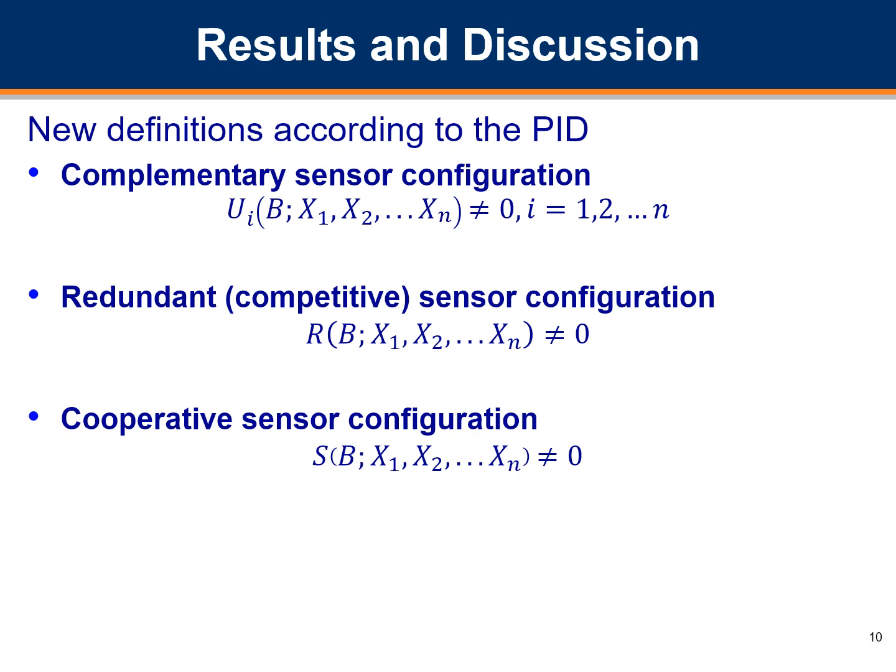Redundant sensor configuration: in this case, the amount of redundant information provided by the sensor data about the target variable is non-zero. Cooperative sensor configuration: a sensor configuration is cooperative if the amount of synergistic information which the sensor data provide about the target variable is non-zero.